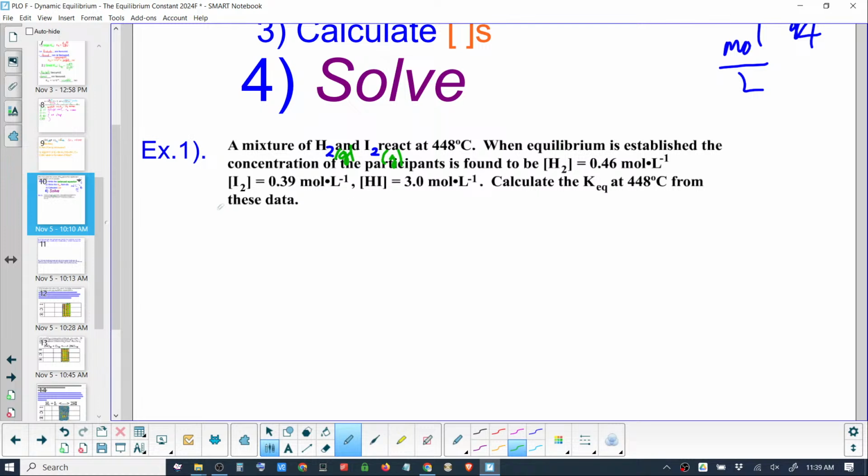Are you saying you should get a whole number? You should get a whole number. I think it's set up that way. Let me quickly calculate it.